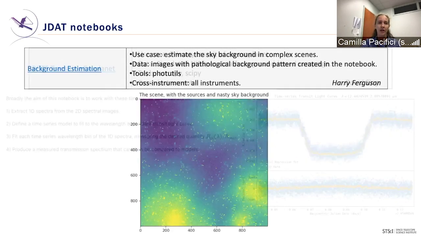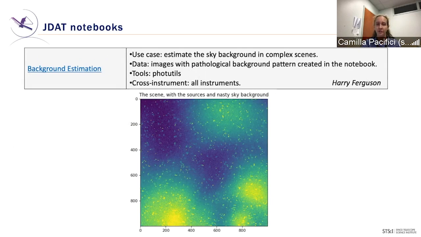The fourth is Harry Ferguson, the owner of this notebook, and it is the estimate of sky background in complex scenes. So this doesn't come with a data set because during the notebook you basically build the data set, build a very pathological background and try to remove it from the image using photutils.